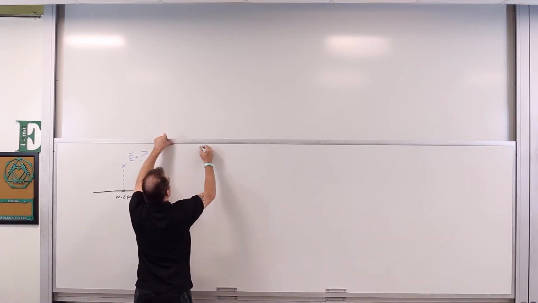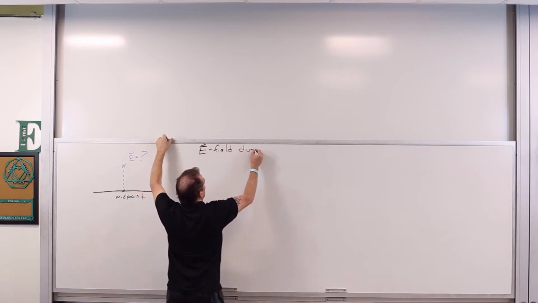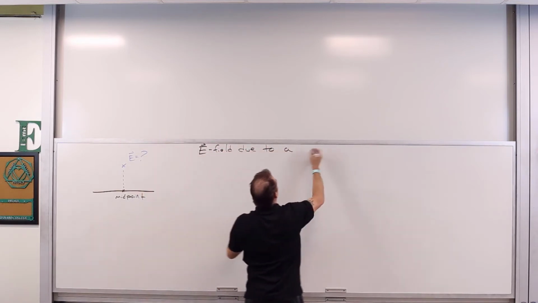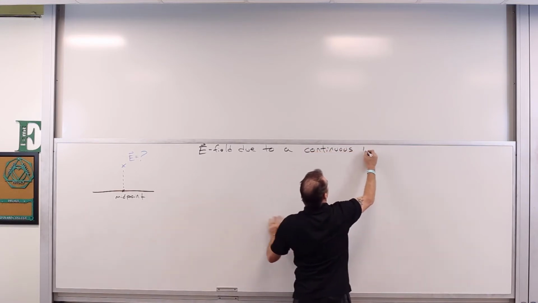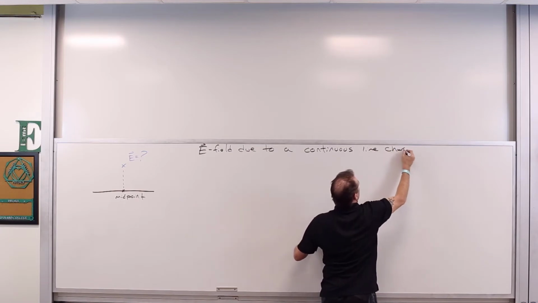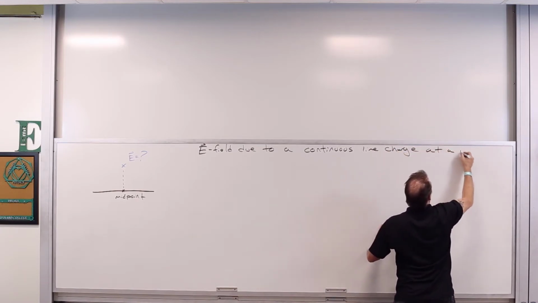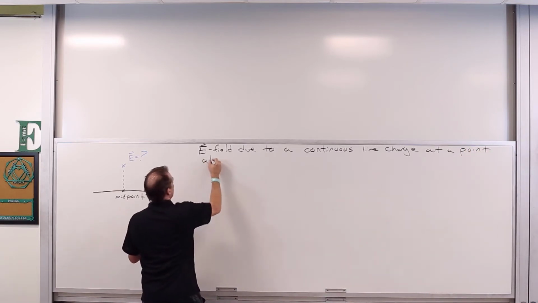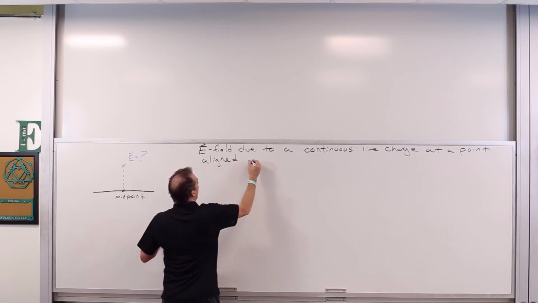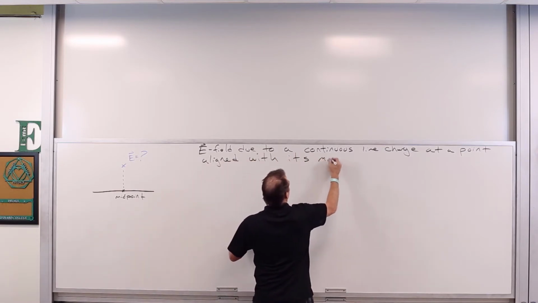So in this case, we've got the electric field due to a continuous line charge at a point aligned with its midpoint.